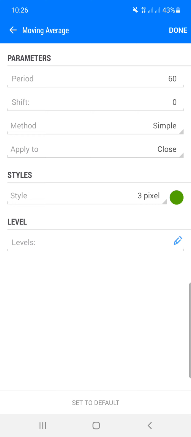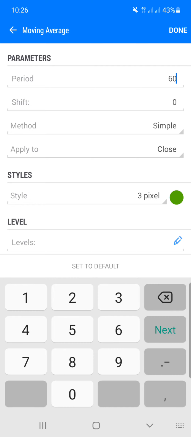For the moving average, we have 4 different numbers that we will be adding for the period. Like I told you before, it calculates the movement of price over certain periods. So we're going to be using 4 different periods. The first one we're going to use is number 7. So we clear this 60 and put 7.